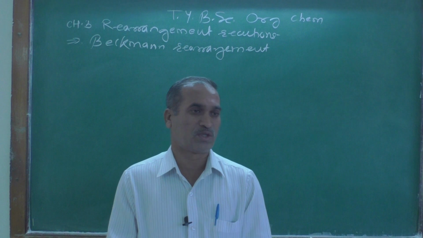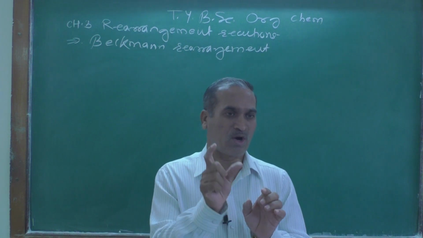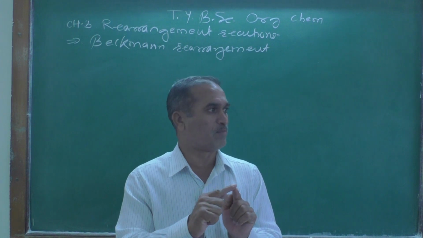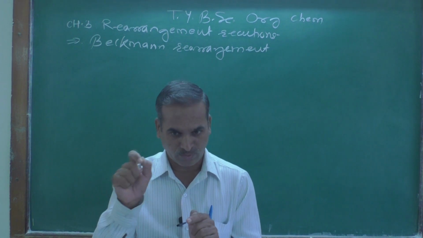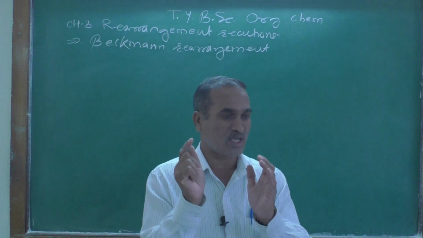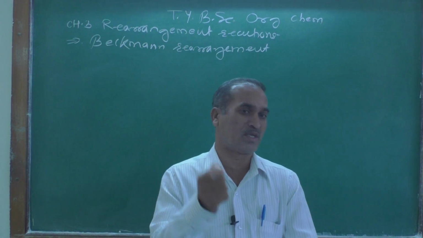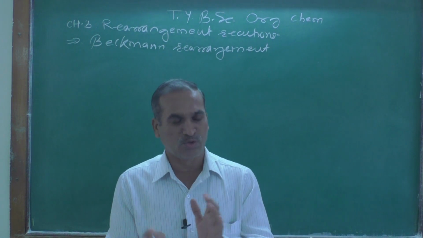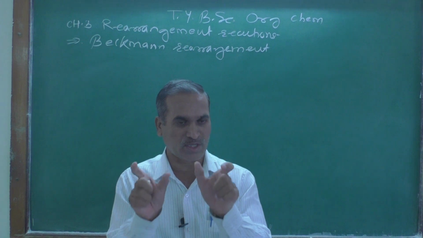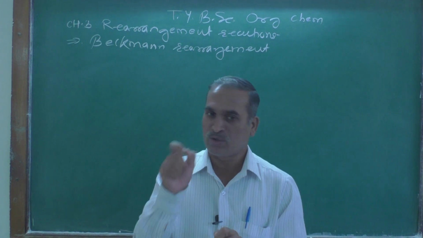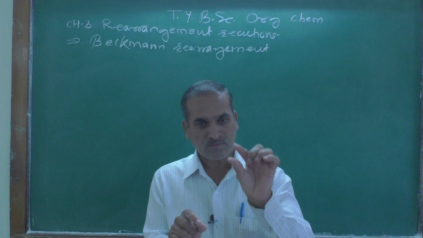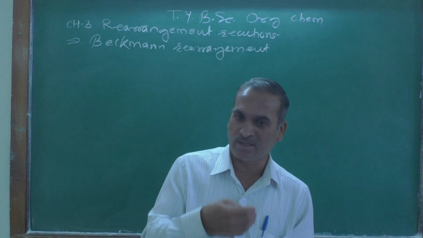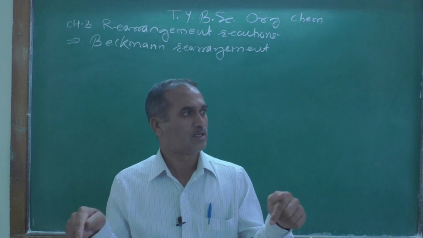And generally when oxime is formed, there is a carbon-nitrogen double bond and OH. The OH hydroxyl group is attached to that nitrogen. If you observe the structure carefully, what do you see? The lone pair and the hydroxy group on one side, and on the other side there are two ketonic groups.